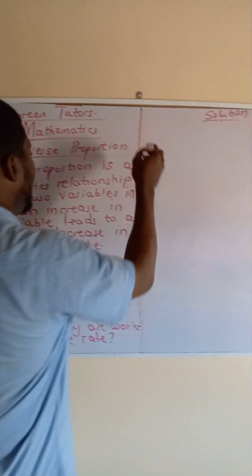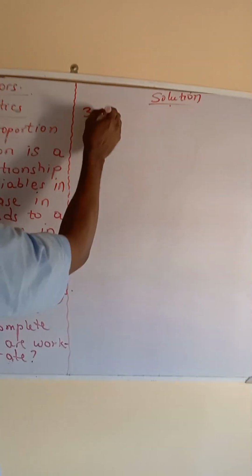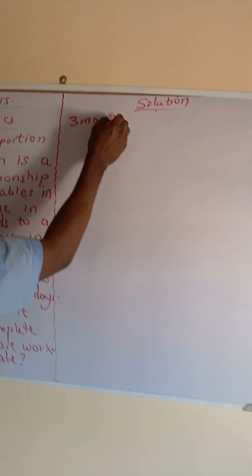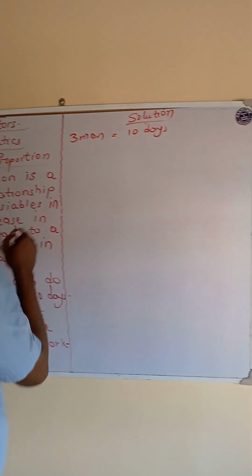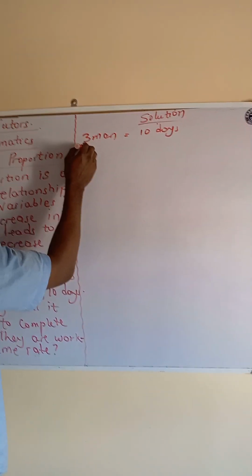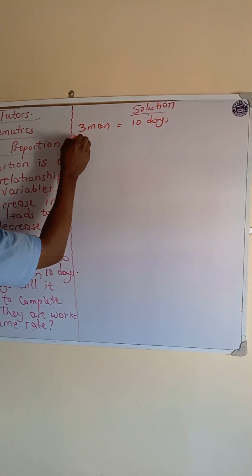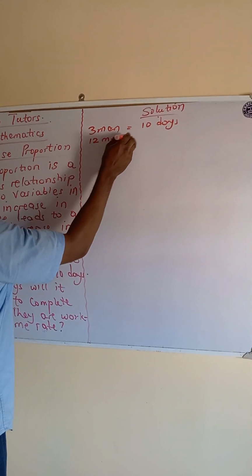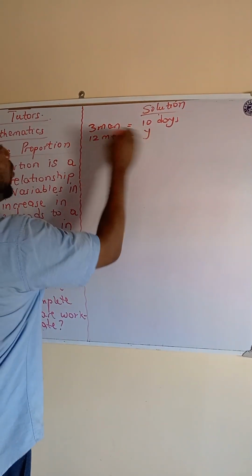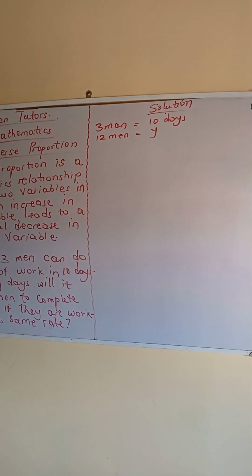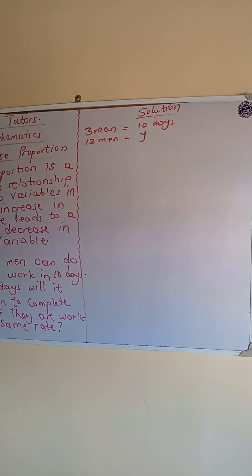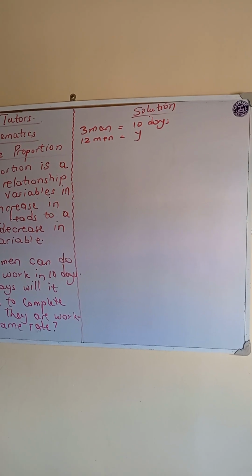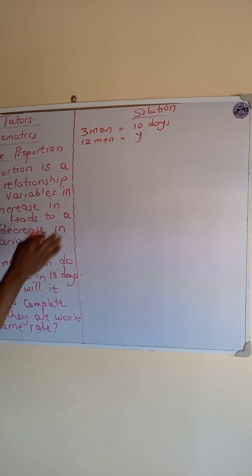Now let's see how we can solve this. 3 men will give me 10 days. 12 men, I don't know. But remember, this is not a direct proportion, so I won't solve it the way I solve direct proportion.